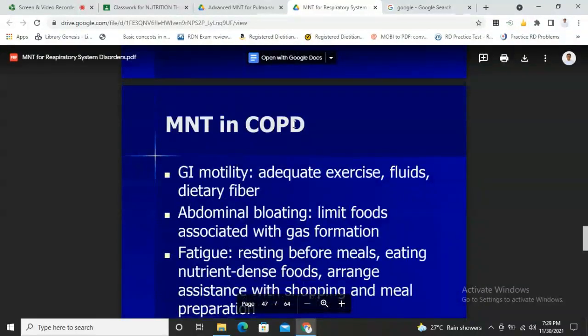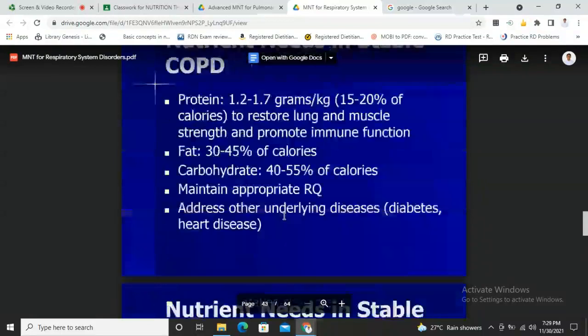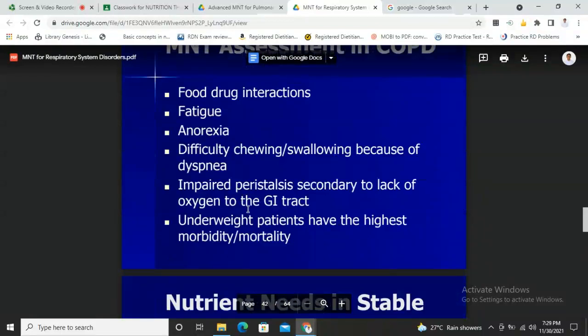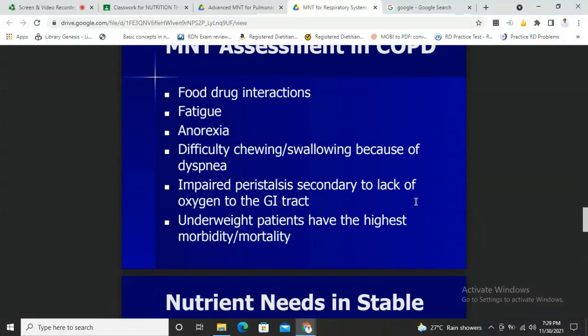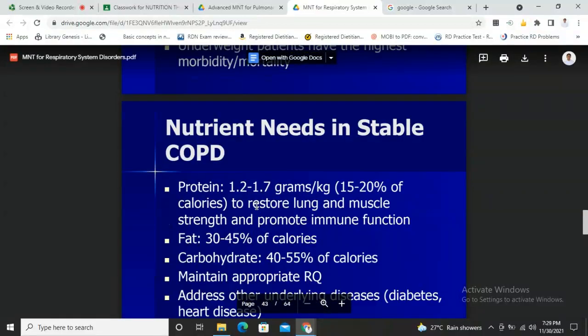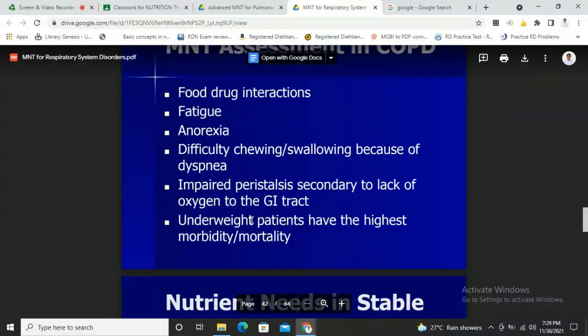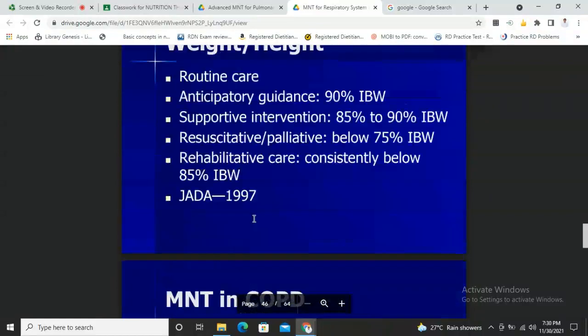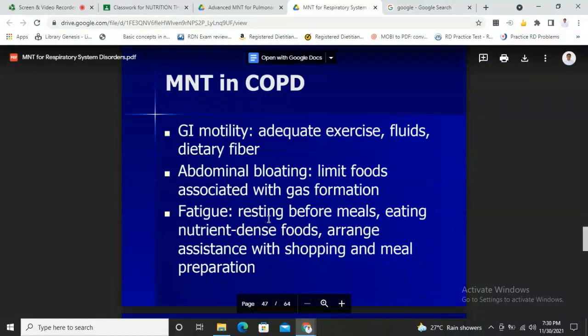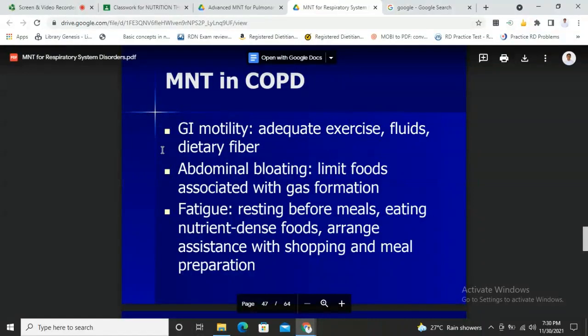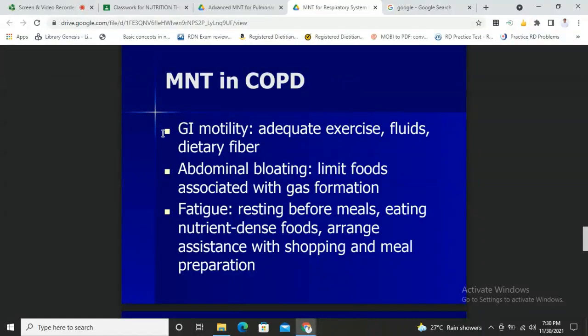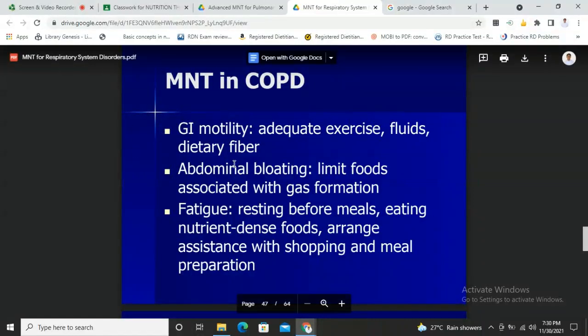There is also an issue in COPD because GI motility is impaired. Impaired peristalsis secondary to lack of oxygen to the GI tract, due to hypoxia. So, how do we address this? Through adequate exercise, fluids, and the exploitation of the function of dietary fiber.